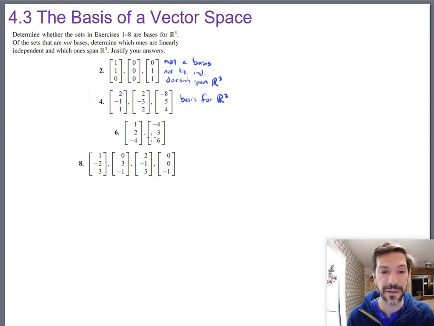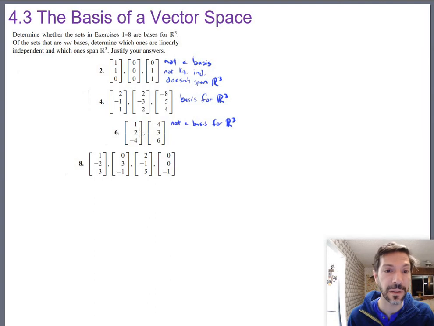Number 6, I can already tell, is not going to be a basis for R3. There are not enough vectors. There's only 2. So it's not a basis, but now we need to see if the set is at least linearly independent. Since there are only 2 vectors, the only thing we need to check is whether one is a multiple of the other, and I think it's pretty easy to verify that that's not true.